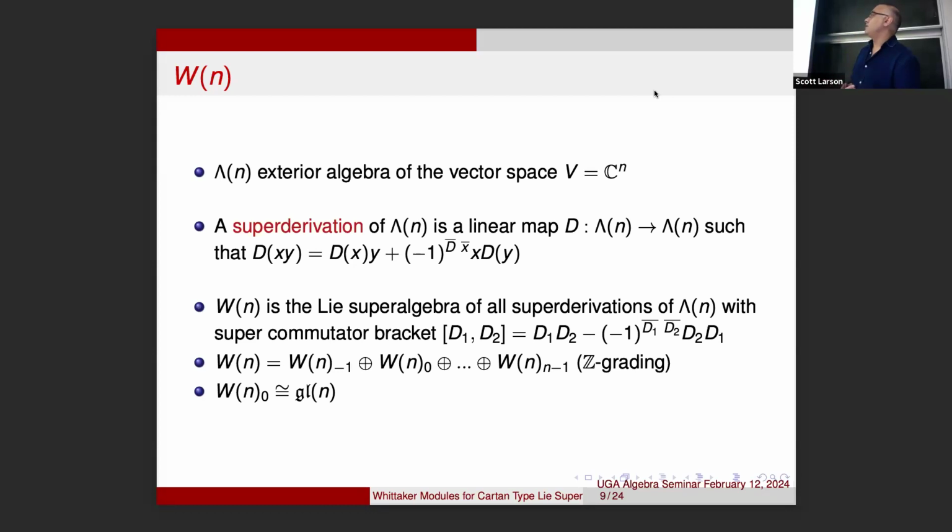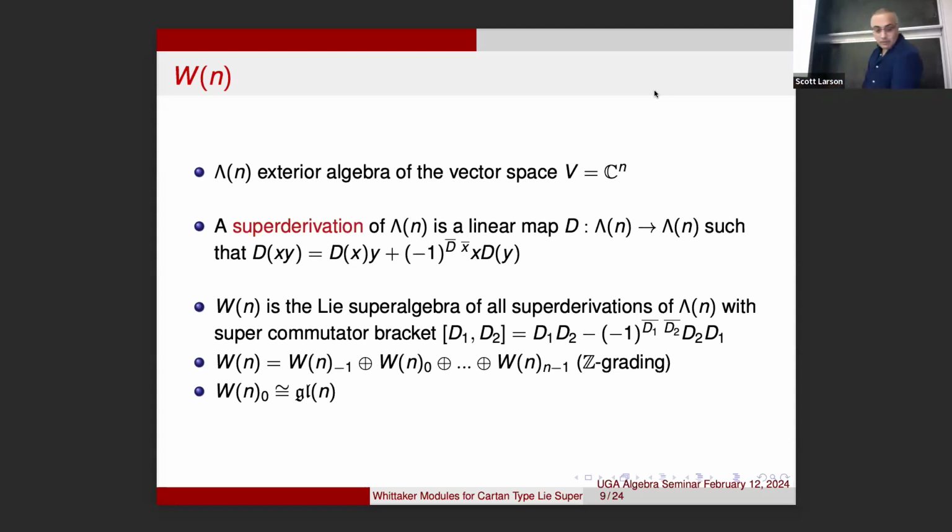For derivations you have to put the right signs when you switch things. So d of xy is not just dx y plus x dy. Since you're switching x and d, you have to put in the Z2 grading sign. Then Wn is the Lie superalgebra of super derivations of the n-dimensional exterior algebra wedge n, and the bracket is the super commutator bracket. Of course, you have composition of derivations.